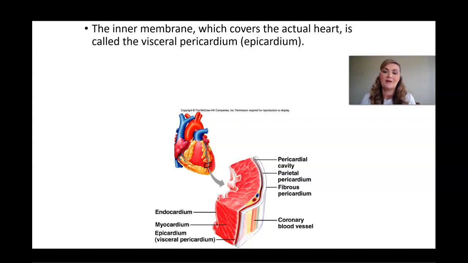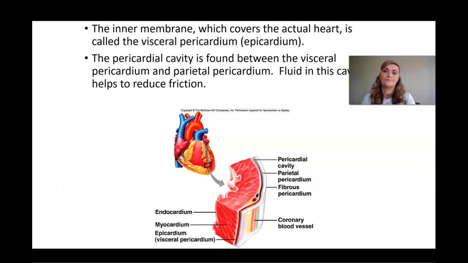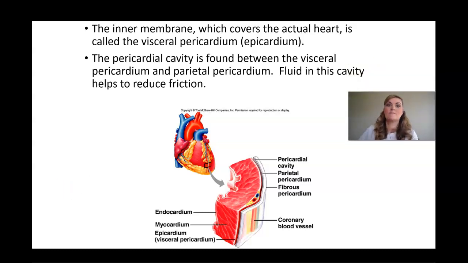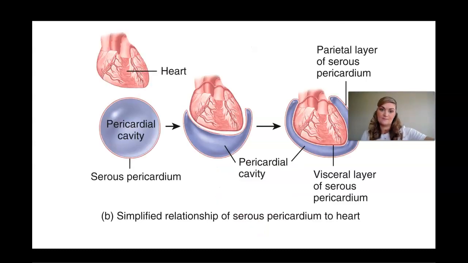With that, you have a pericardial cavity. Within that cavity, you'll find the pericardial fluid, which helps reduce friction. The pericardial cavity is found between the visceral and parietal pericardium, and that fluid, like I just said, reduces friction as the heart beats.